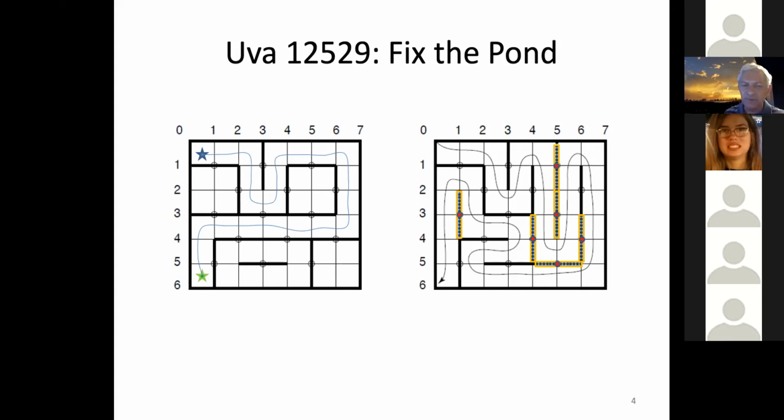And so it doesn't matter whether you flip something or not. So for instance, over here, if you were to flip this vertical one to a horizontal one, all that'll happen is you'll go straight like this, and you'll still reach the green star. So it doesn't matter how you set up the barriers, you will always get from the start point to the end point. The question is, will you be able to visit every square in the pond?